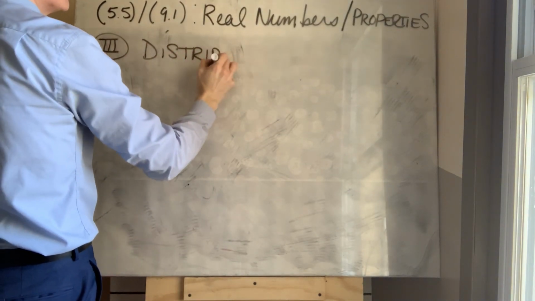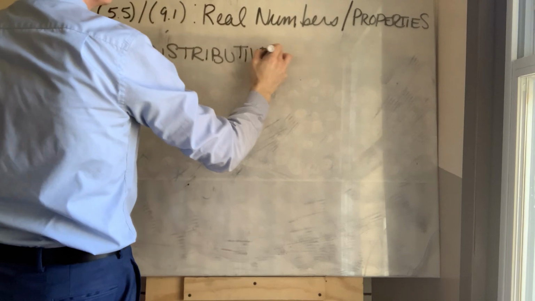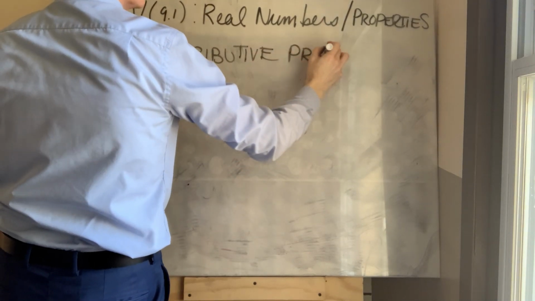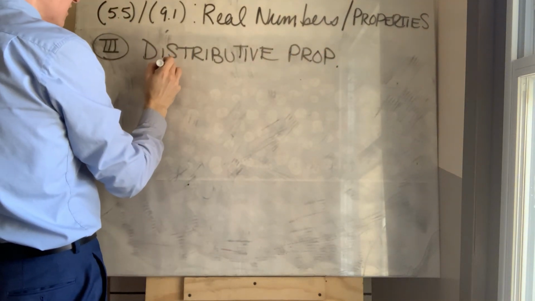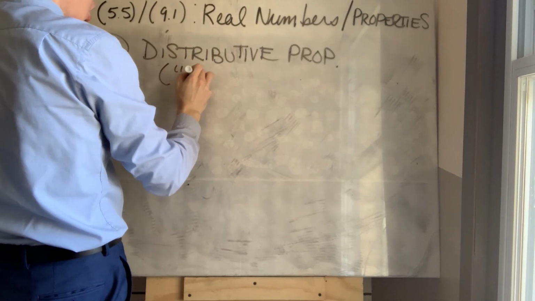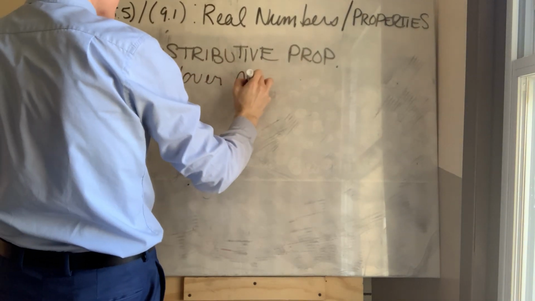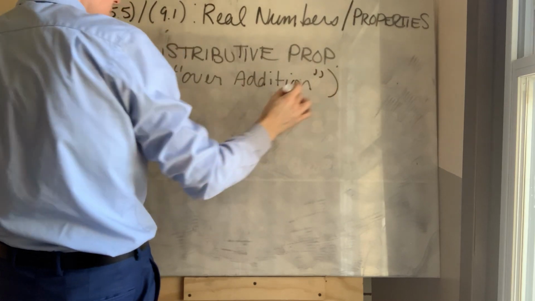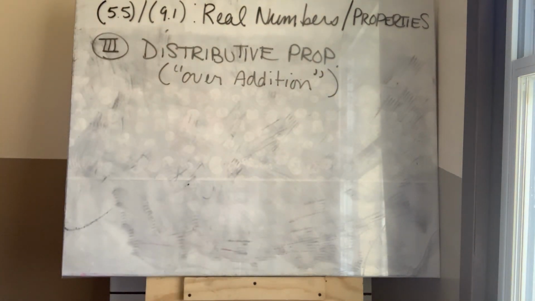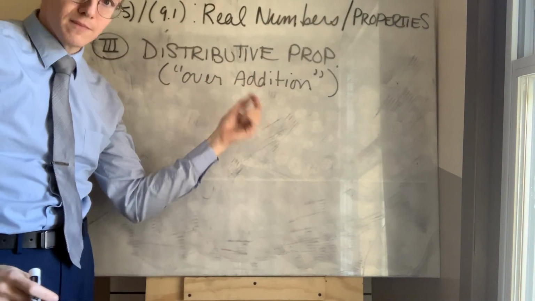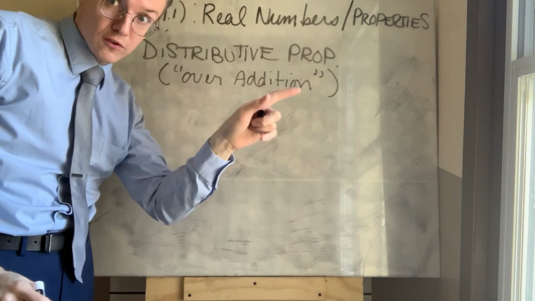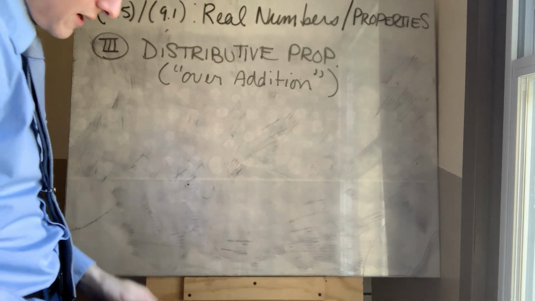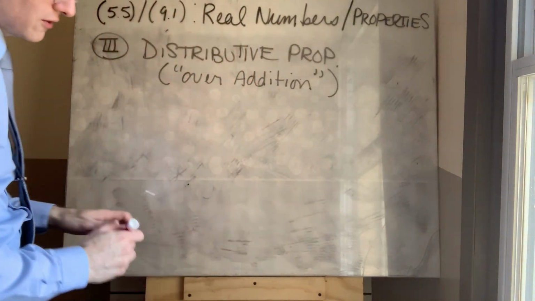Distributive property, at least the one that is called over addition. Again, there is another one. I'm not really sure why your textbook does not mention it. It is essentially the same thing, it's just there's a minus in it as opposed to a plus. The model looks like this.